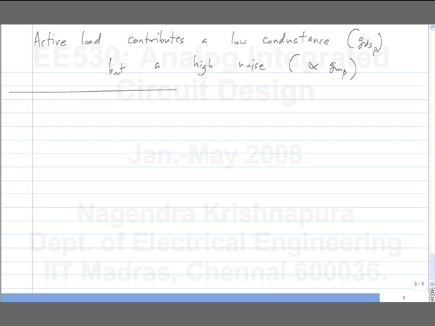So this is one disadvantage of the active load. If you had used resistive loads of the same value or even smaller value, you would have got lower noise. Any questions on this?